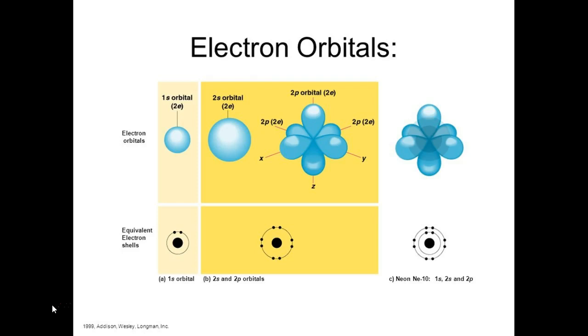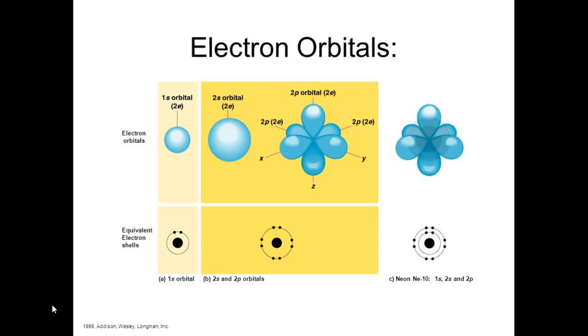These 2 electrons are in the orbital closest to the nucleus, and that also translates to the lowest amount of energy. Those electrons that have the least amount of energy are going to be closest to the nucleus, in that first energy shell.